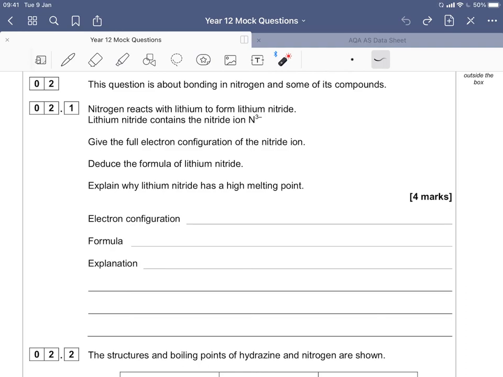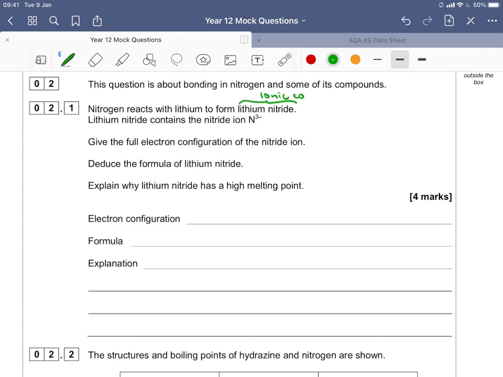So then we move on to the very first question, and it says nitrogen reacts with lithium to form lithium nitride. Now, one of the things that could leap out to us straight away is that, as a rule of thumb, so it's not absolutely perfect, if we have a metal and a non-metal reacting together, then we are forming an ionic compound.